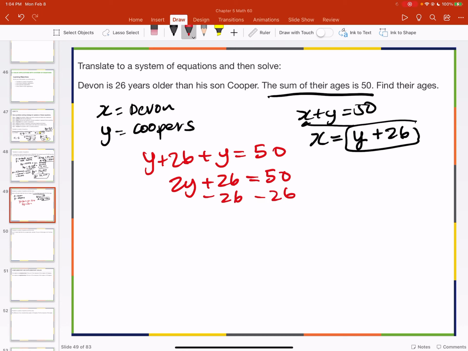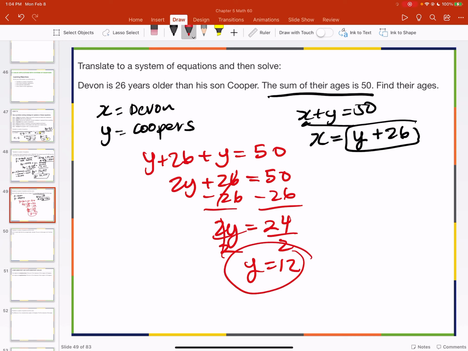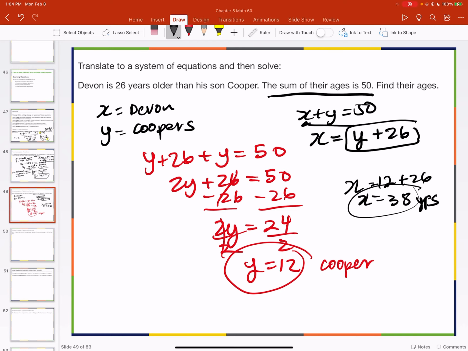Let's subtract both sides, 2y is equal to 24. Divide by 2, y is equal to 12. So Cooper's age is 12. And then what about Devin? Devin is going to be 12 plus 26, and that's 38 years. So 38 and 12.